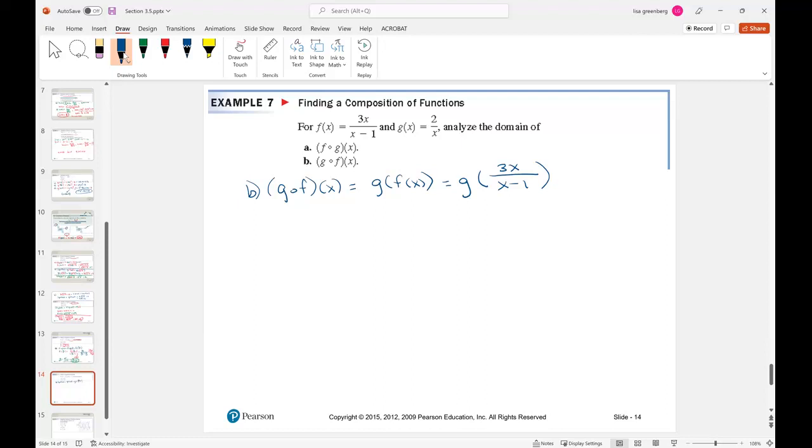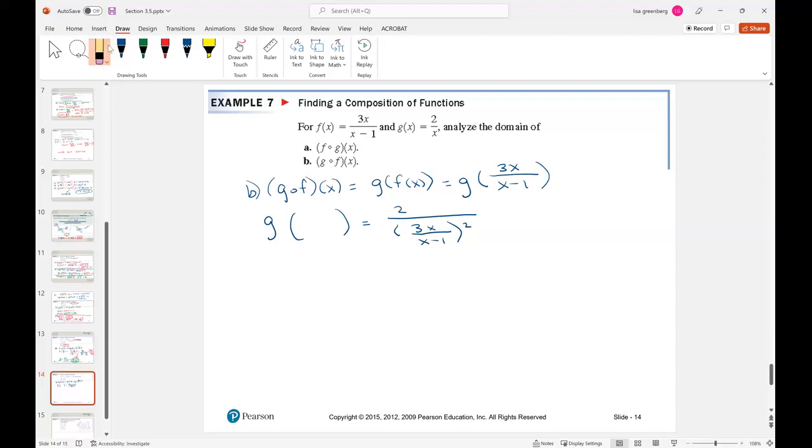So now I know what I want to do is evaluate G when x is equal to 3x over x minus 1. So again, I say G of that thing is equal to 2 over 3x over x minus 1 squared.